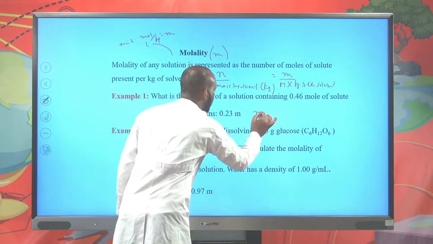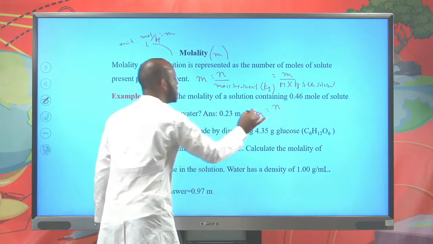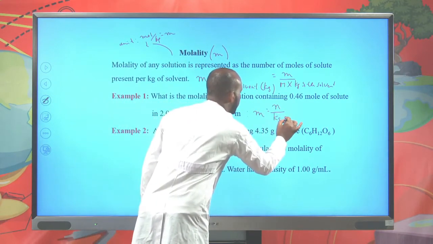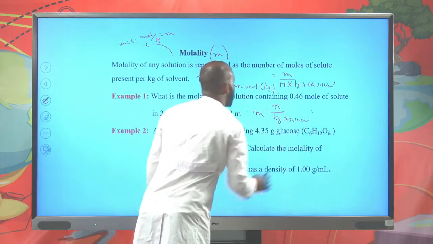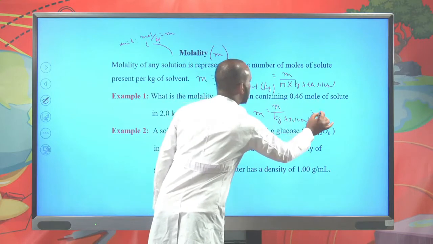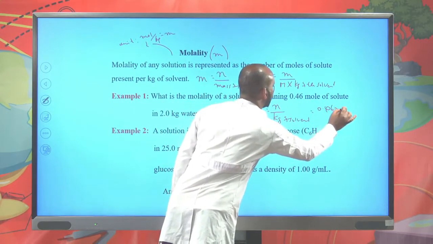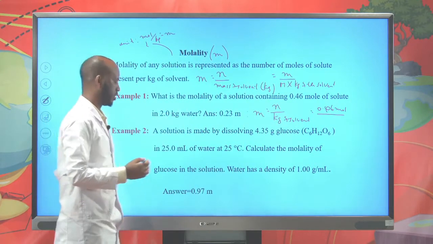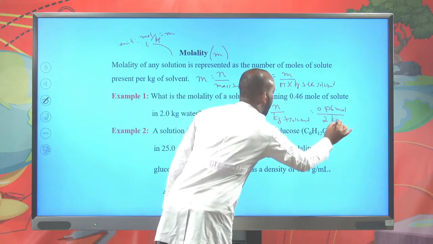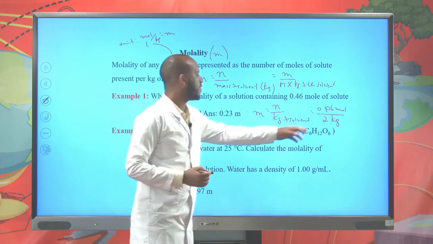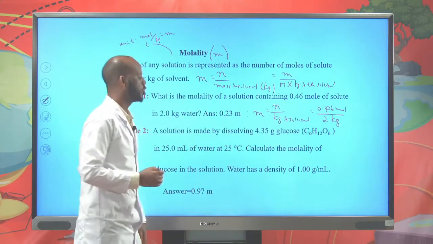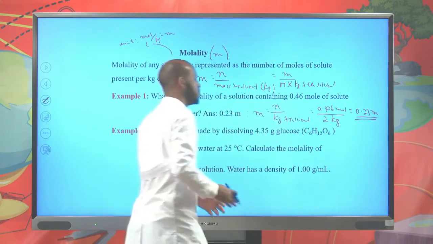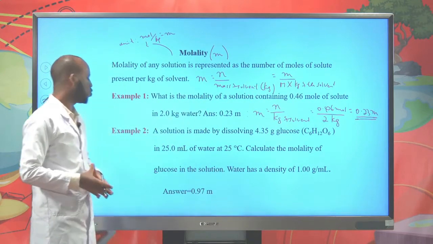Therefore, molality, small m, equals the number of moles of solute divided by the mass of solvent in kilograms. The number of moles of solute is 0.46 mole, divided by the mass of solvent, 2 kg of water. 0.46 divided by 2 is 0.23, so 0.23 molal is the molality of this solution.